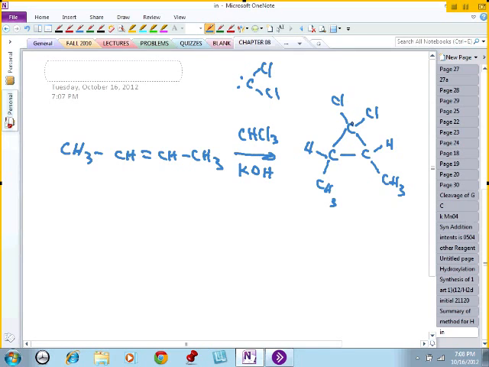In this particular instance, we have these two chlorine atoms right here, if you're starting with chloroform. Now, supposing we do not want the chlorine in there, we could use this reagent.